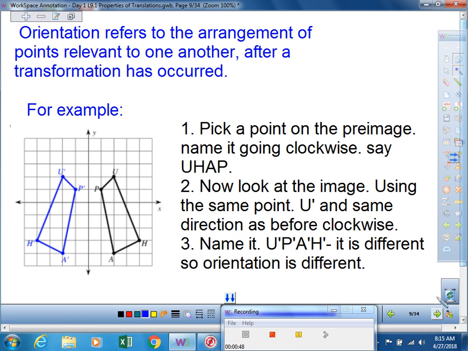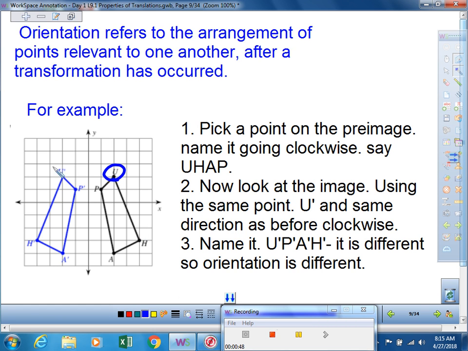Orientation, there's two types of orientation, physical and letter. When you're checking orientation, I always start with the letter orientation. So you just pick a letter, U, and you go clockwise around the figure, U-H-A-P.